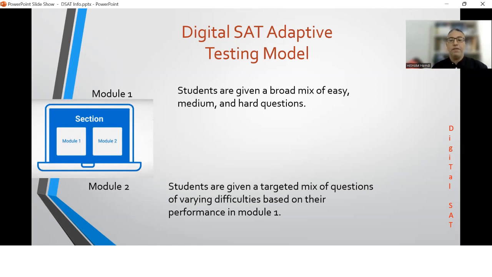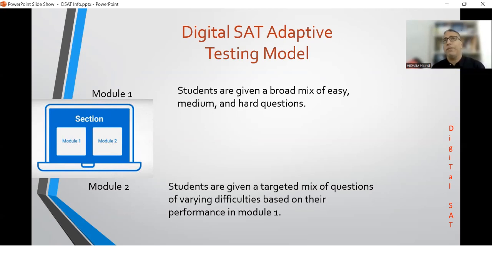Again, if you went to the exam and the first module was easy and the second module was easy, it means that your answers for the first part weren't good, because it gives you easy questions. But if you did the first module and the second module comes above average or a little bit difficult, you should be sure that you did well in the first one. That's why it increased the difficulty for you.